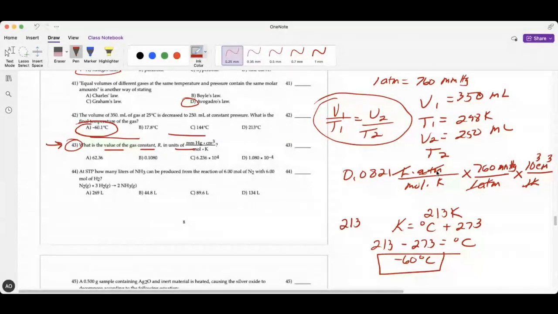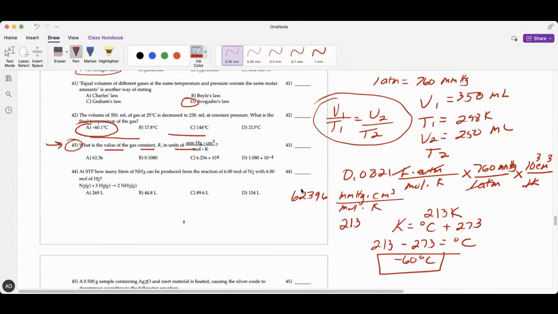So might as well do this one. 0.0821 times 760 times 1,000 gives us 62,396 millimeters of mercury, cubic centimeters per mole Kelvin.